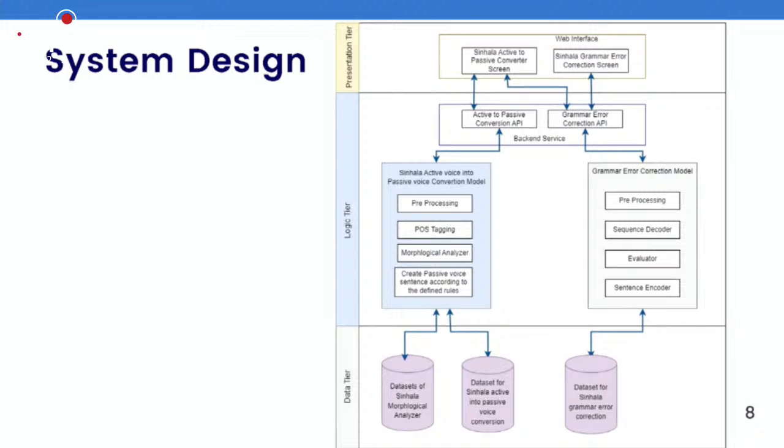The backend service includes created APIs to expose data to the user interface. In the presentation tier, it includes two screens to provide two separate functionalities: the Sinhala active to passive converter functionality and the Sinhala grammar error correction functionality.